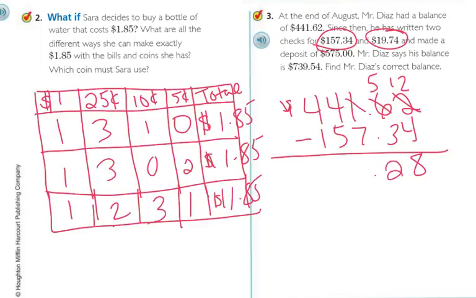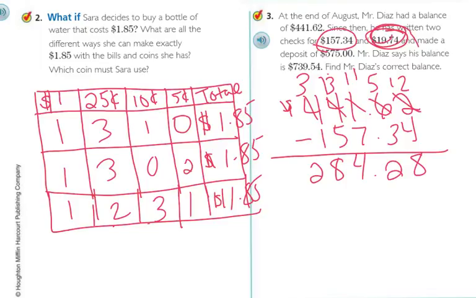Put my decimal. I can't take 7 from 1, so I'm going to make this be 11 and make this one be a 3. 11 minus 7 is 4. Can't take 5 from 3, so I'm going to make this be a 13, and this one's going to be a 3. 5 from 13 is going to be 8. 3 from 1 is going to be 2.